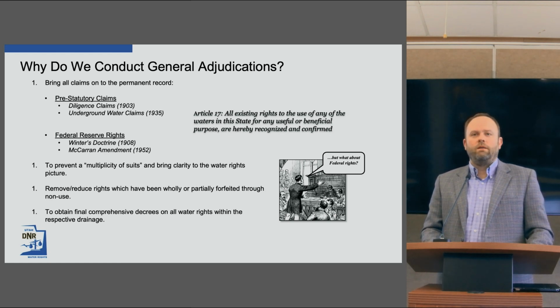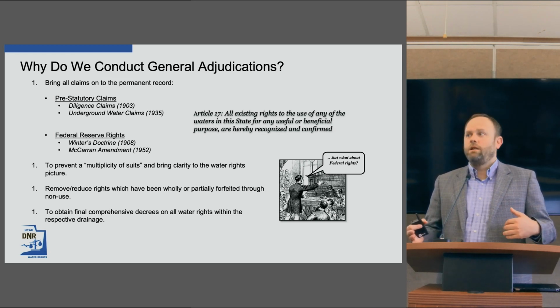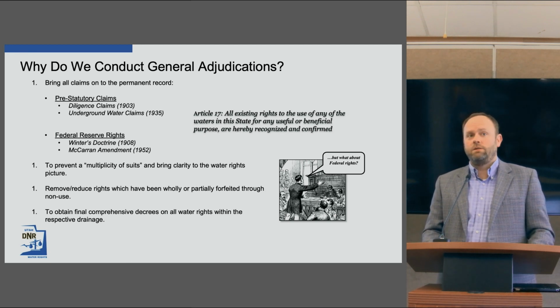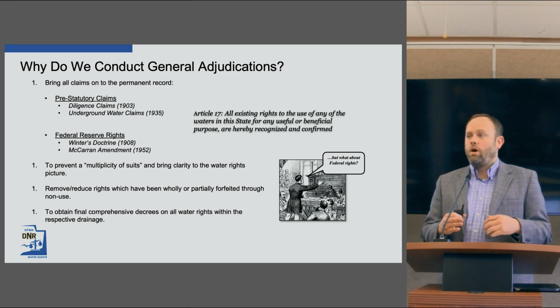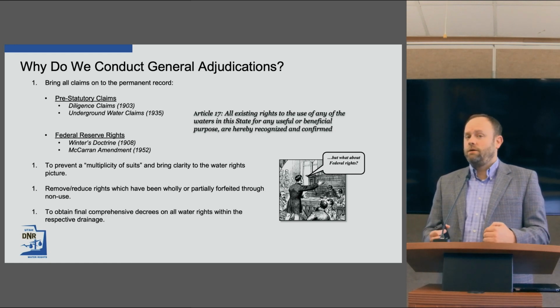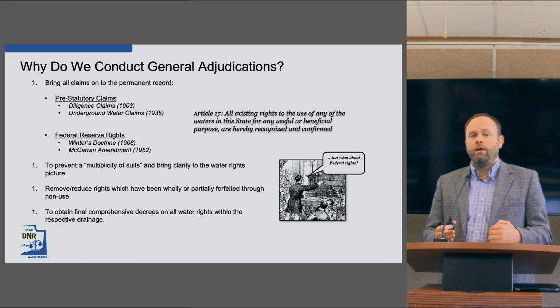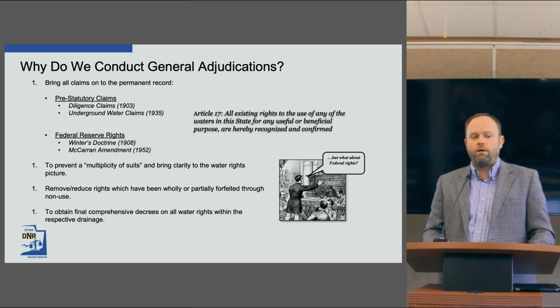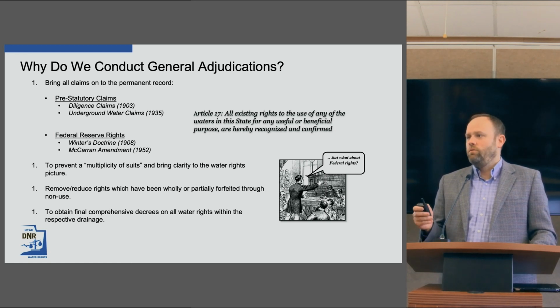So there was a lot of work that was done prior to statehood and prior to implementation of the first water laws. Those water rights are recognized and confirmed, but the key lacking piece of information here is the quantification, the precise knowledge and details of what those water rights are. In the adjudication, we dive into those details.